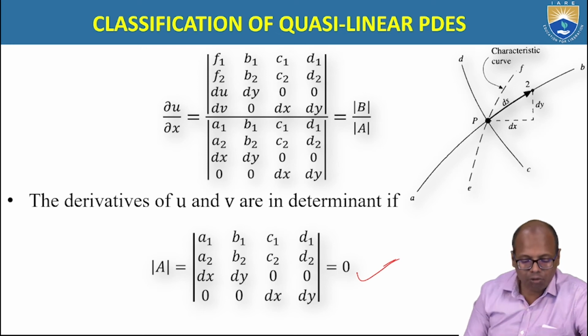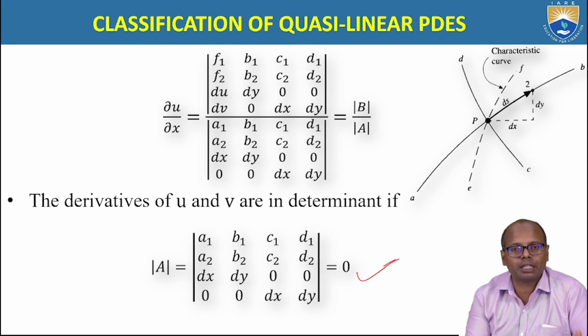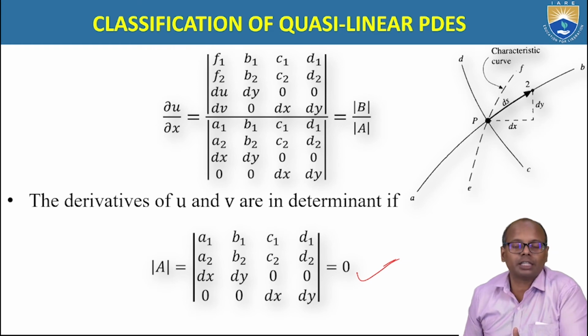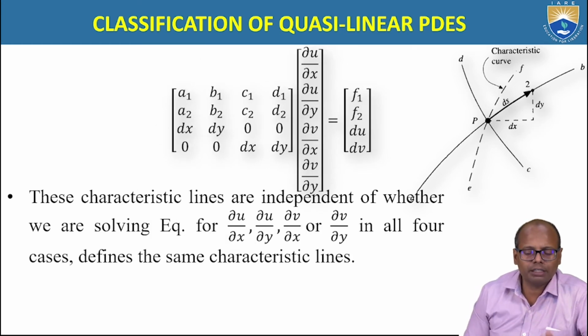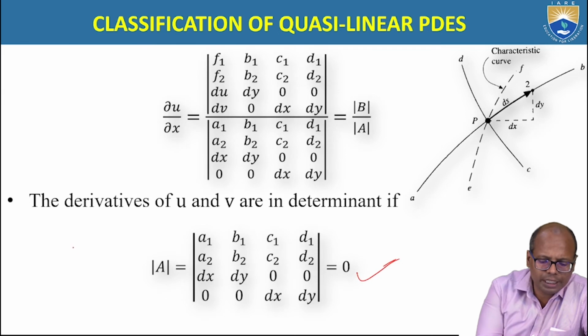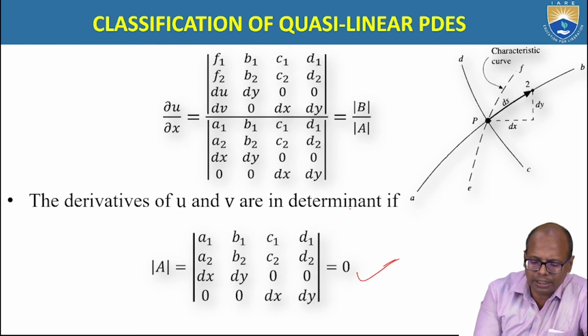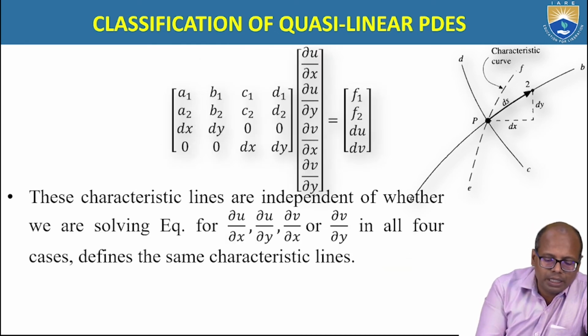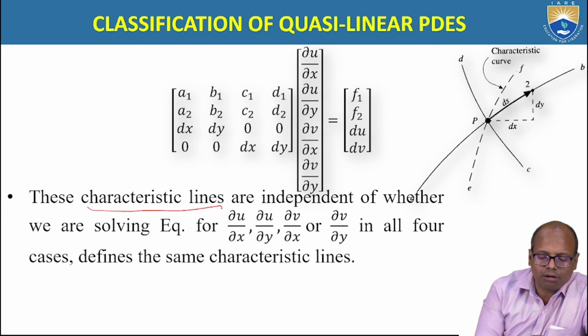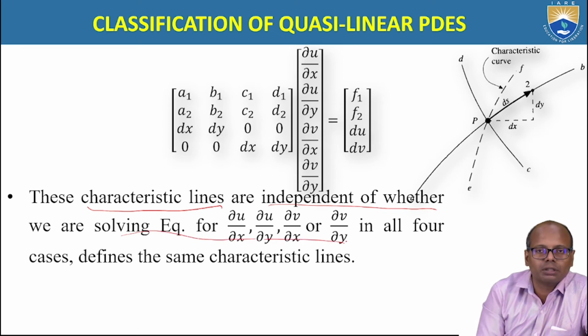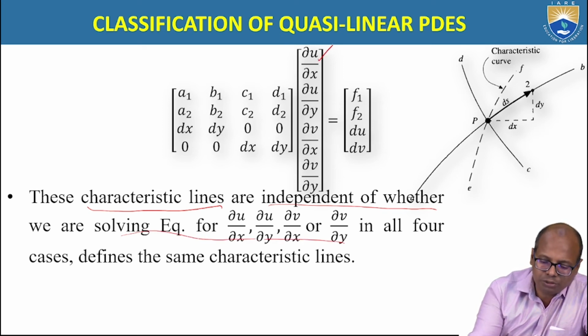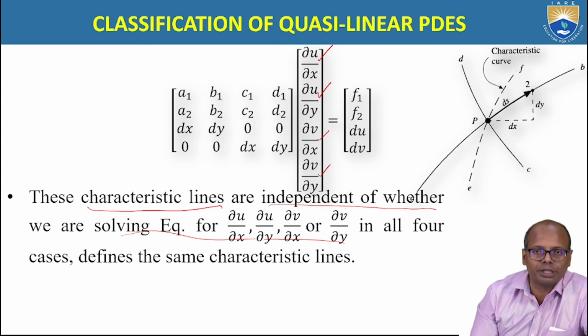So what I have to do is expand this determinant. If I expand this determinant, I will get an equation in terms of... the derivatives of u and v are indeterminate if this is equal to 0. This is my statement. Now the characteristic lines are independent of whether we are solving for ∂u/∂x, ∂u/∂y, ∂v/∂x or ∂v/∂y.